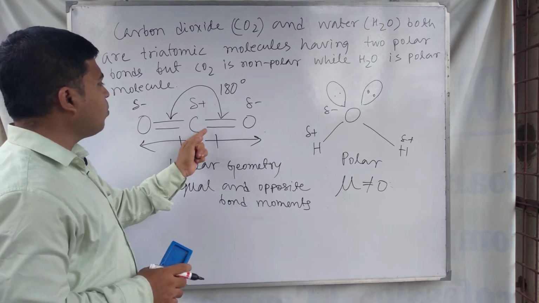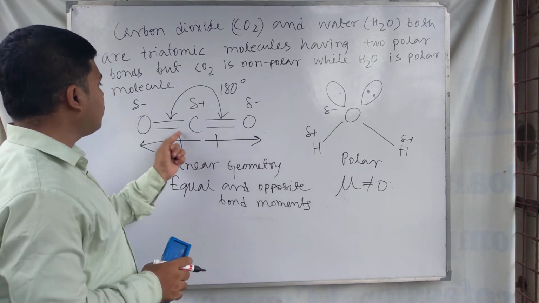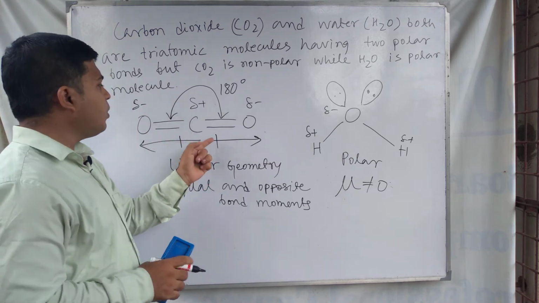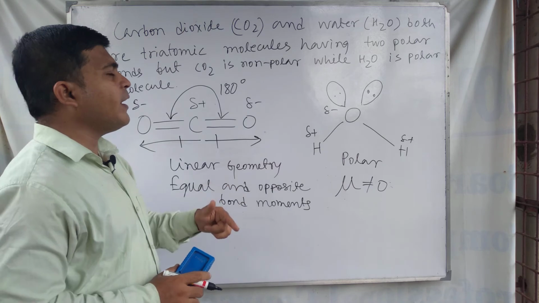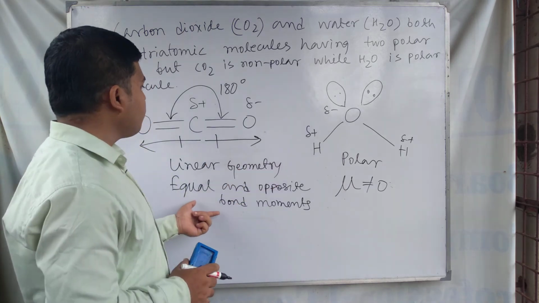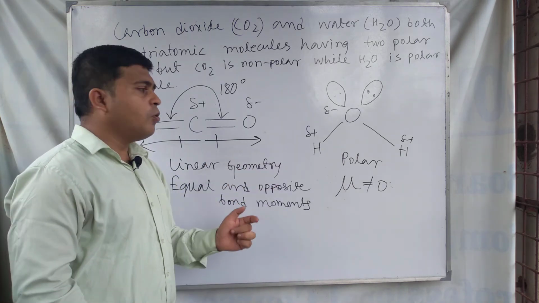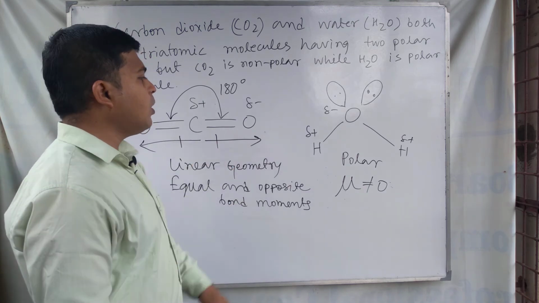Equal and opposite bond moments cancel. Equal and opposite bond moments are present in carbon dioxide and cancel each other. This one operates as a bond moment, and this one operates as an equal bond moment but in the opposite direction, so it has zero dipole moment, and as a result of zero dipole moment this molecule has no polarity. This is a non-polar molecule.